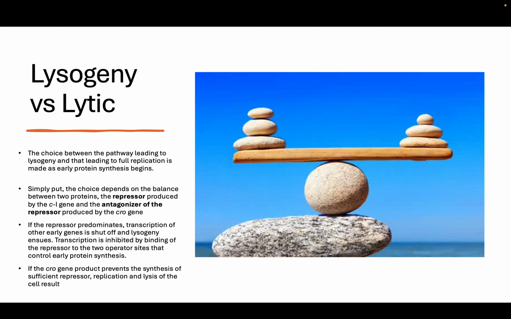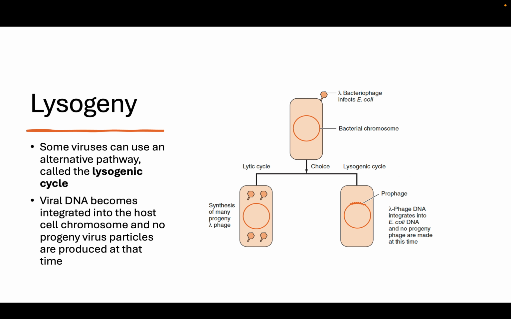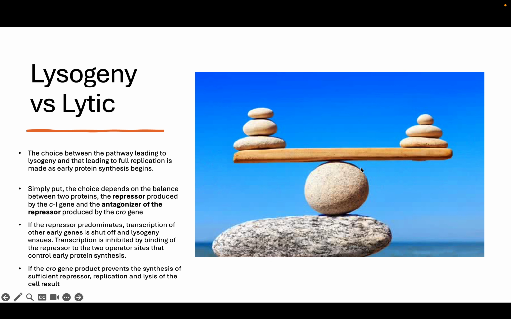But basically, you have these lysogenic or lytic cycles. When a bacteriophage infects, what determines if it's going to go into the lytic cycle or the lysogenic cycle? Well, it all depends on which two proteins are being produced.